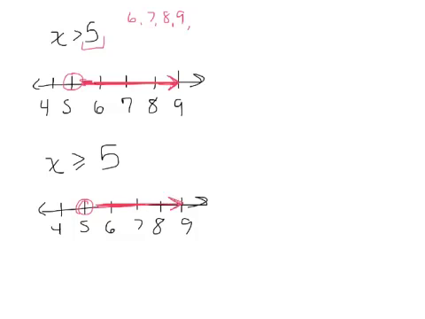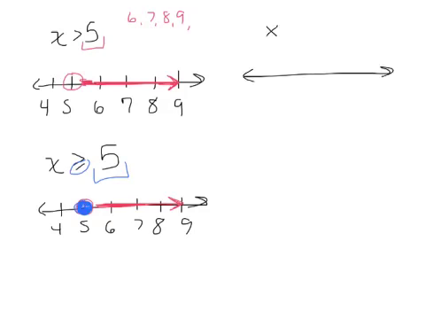The only difference is because of this equal sign, I'm going to fill in the circle to show that, yes, 5 is included. But you will notice, in both these cases, there's a circle at 5. Whatever x is being related to, you put a circle. If it's greater than or less than, you're going to have an open circle. If it's greater than or equal to or less than or equal to, you're going to shade it.